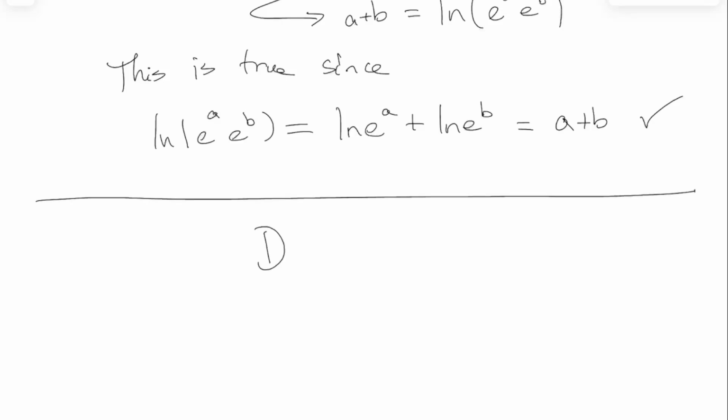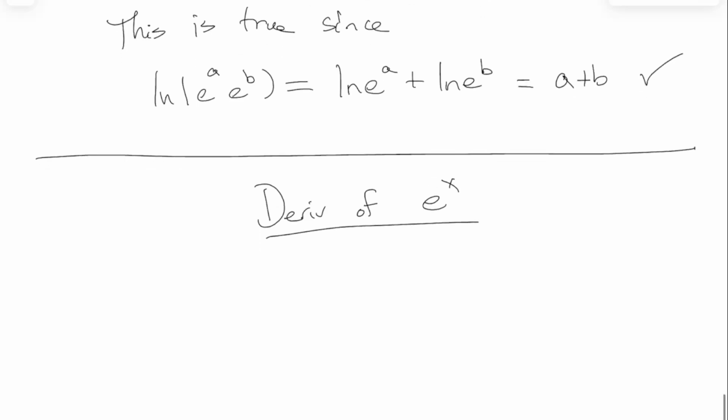How about the derivative of e to the x, all right? From what we've already done, this is going to be pretty straightforward. So we start with y equals e to the x, and the question, of course, is what is dy dx? Well, we can use our old friend, logarithmic differentiation.